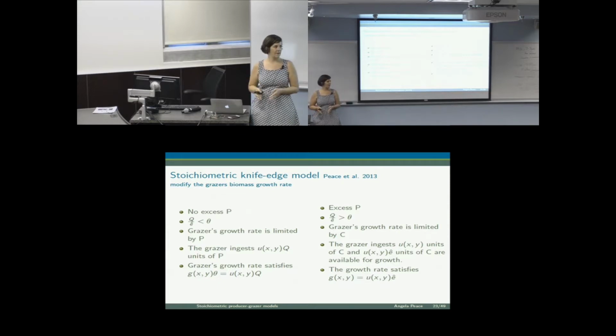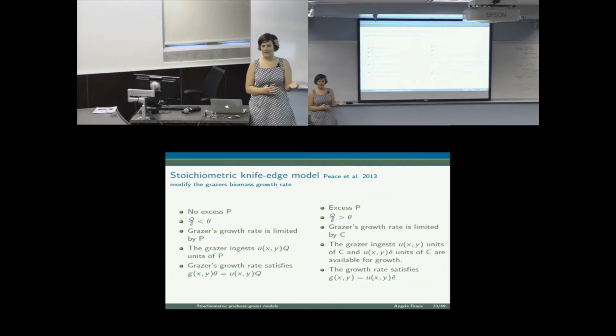So to think about this growth rate, we can take two approaches: one where there's not excess phosphorus and one where there is excess phosphorus. When there's not excess phosphorus, that's going to be the case when that P to C ratio of the post-ingested algae that's available for Daphnia growth is less than the Daphnia's P to C ratio. Growth is going to be limited by phosphorus, and it's going to satisfy this equation right here.